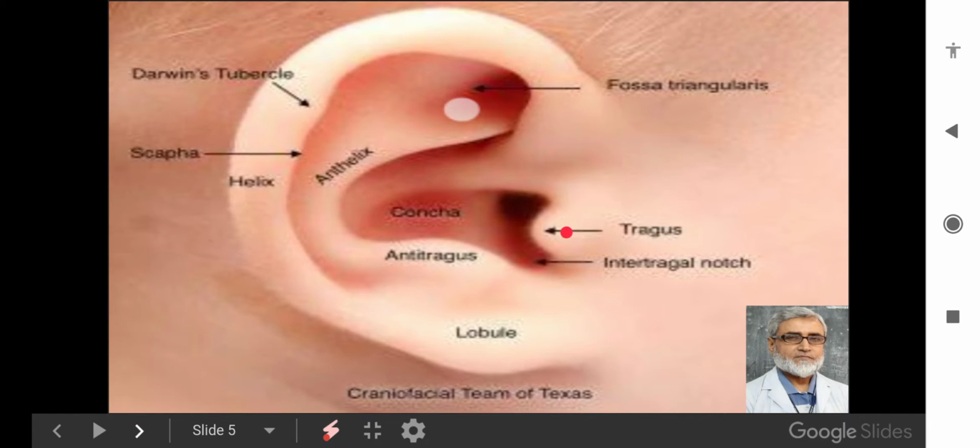This one, just anterior to the external auditory meatus, is known as the tragus. This is the intertragal notch. This is the lobule and antitragus. So different parts of this auricle are well mentioned here, and you are seeing its shape.